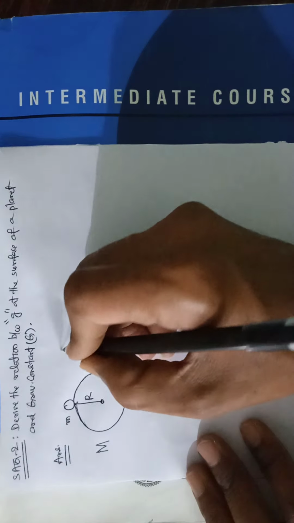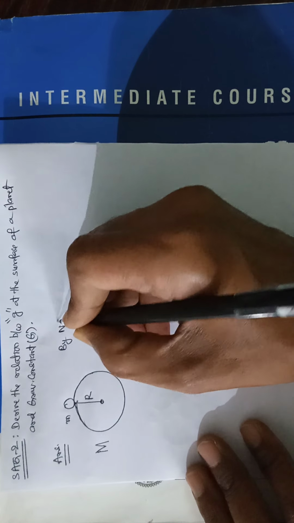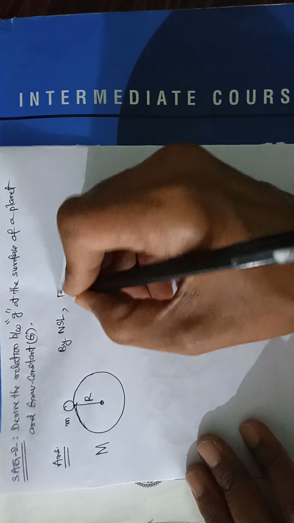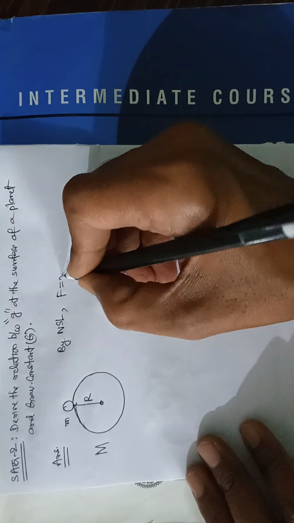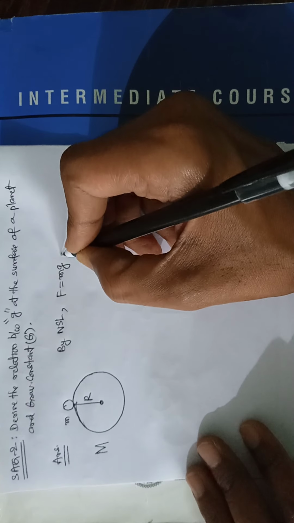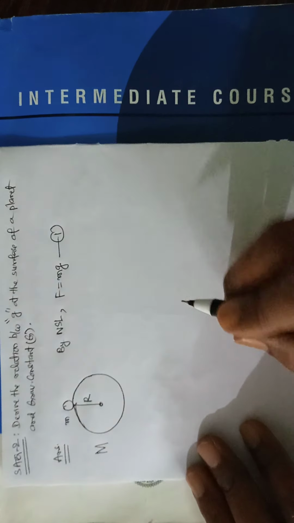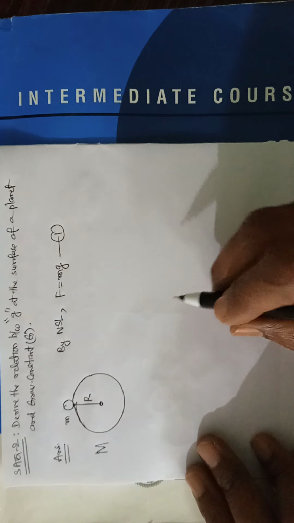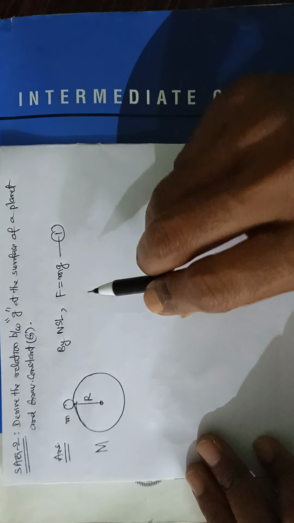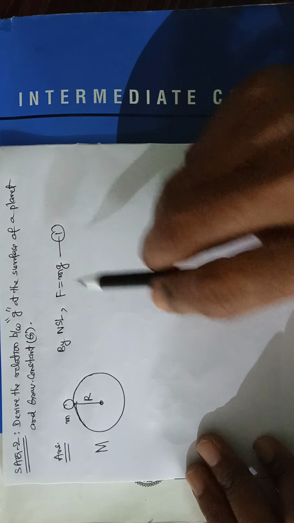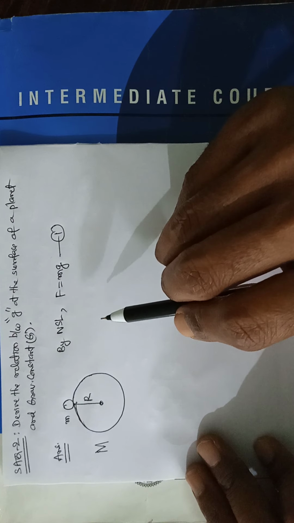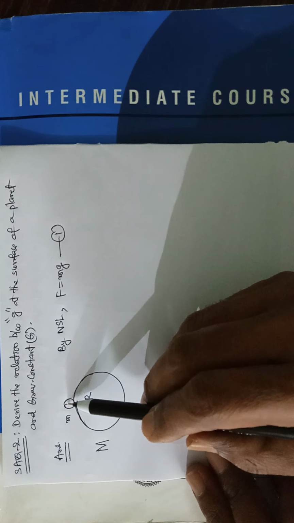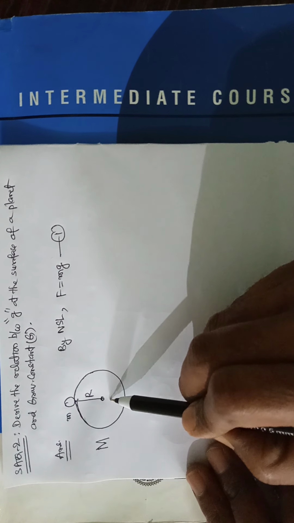Now, by Newton's second law, we write F is equal to mg. See here, you must have expected F is equal to ma, but here this mass is attracted by this planet.